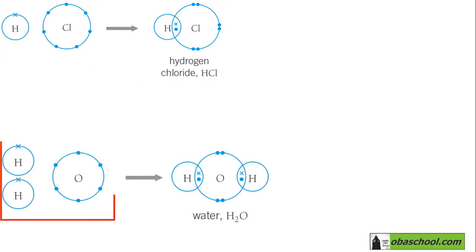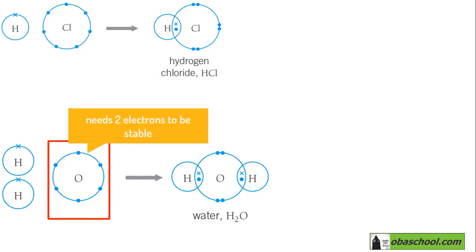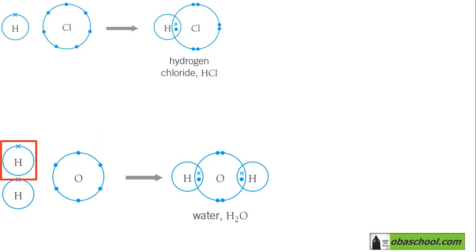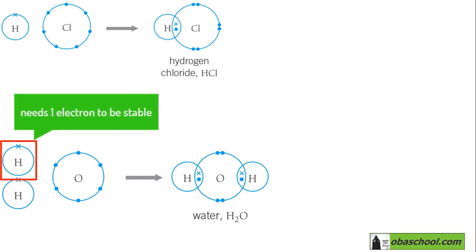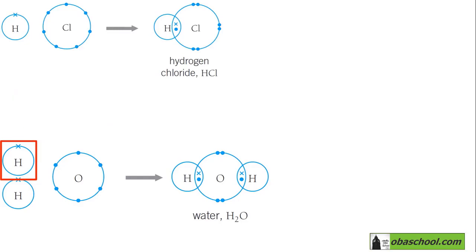If we look at the water molecule here, it represents the example where the atoms do not need the same number of electrons to be shared. The oxygen atom needs two more electrons in order to become stable. However, the hydrogen atom needs one more electron. So if we allow only one hydrogen to react with oxygen, they won't form a stable molecule.